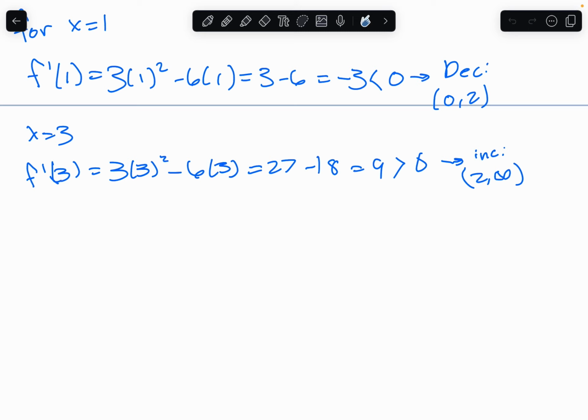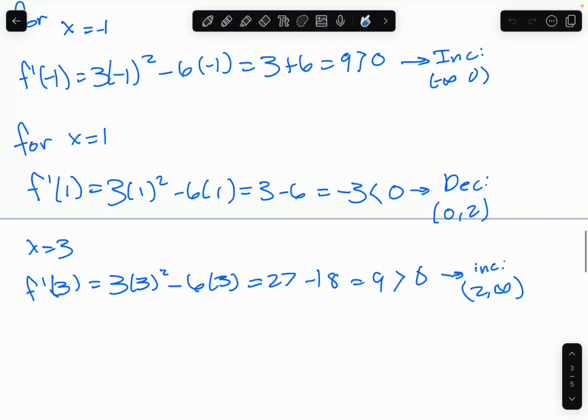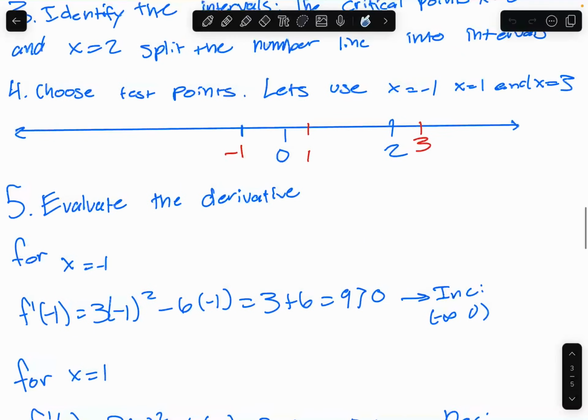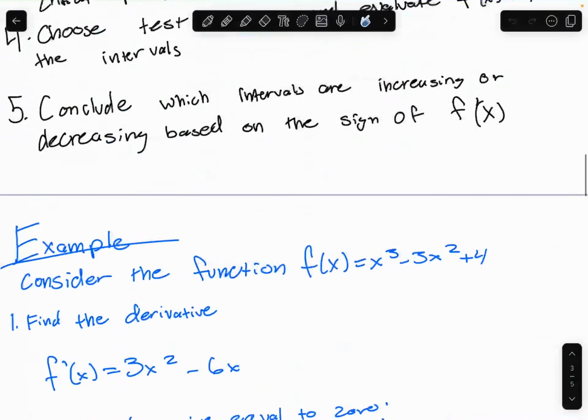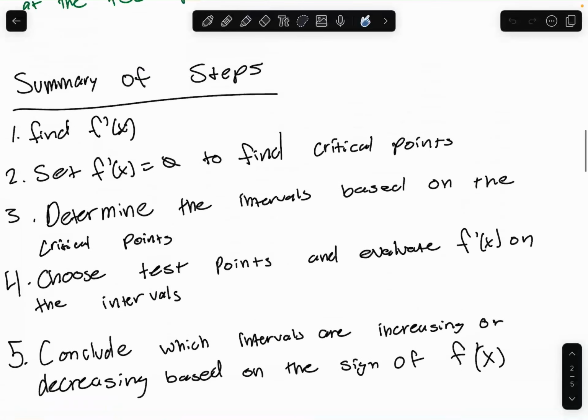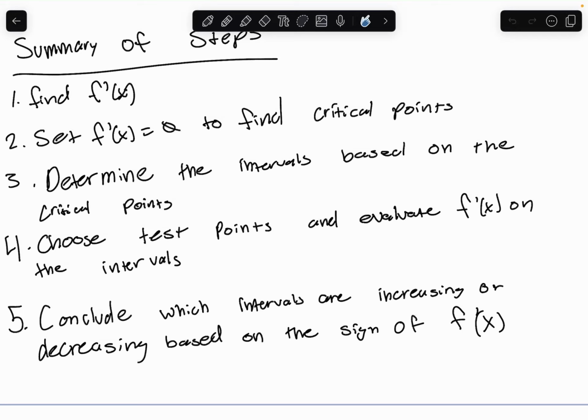This equals 27 minus 18, and ultimately that equals 9. We know that 9 is greater than 0, so that indicates that this function is increasing from 2 to infinity. So remember that when we are using our critical values and our test points, we plug our test points into the derivative equation.